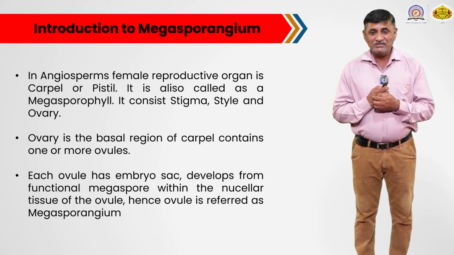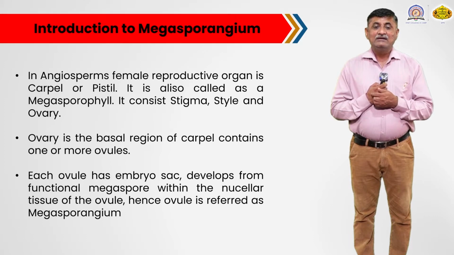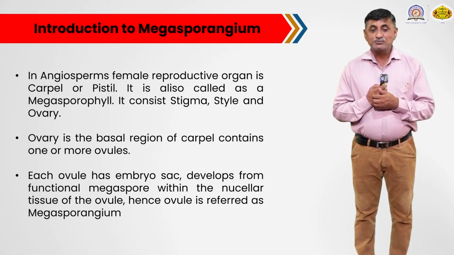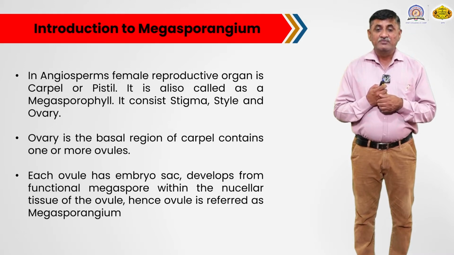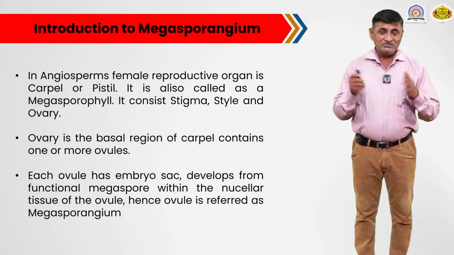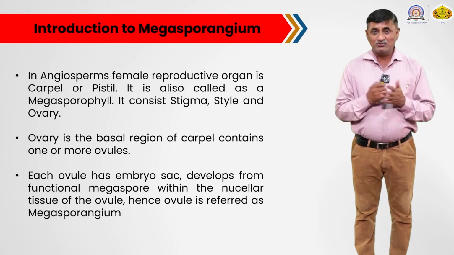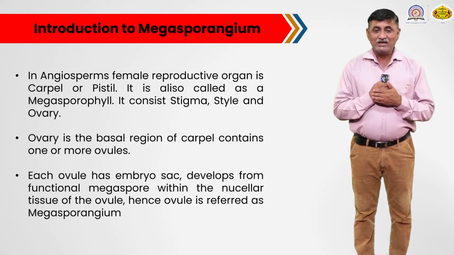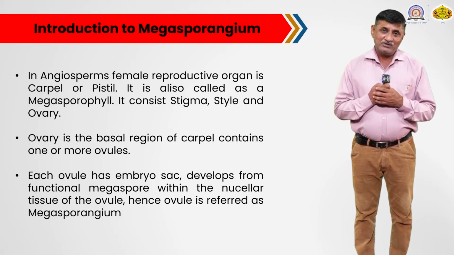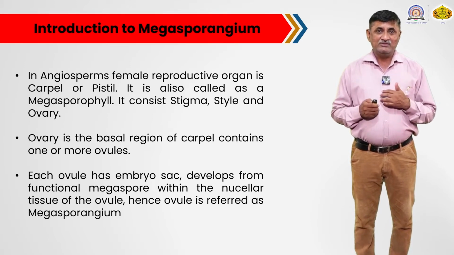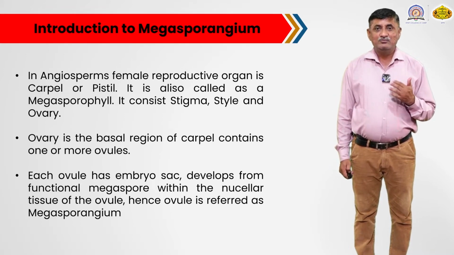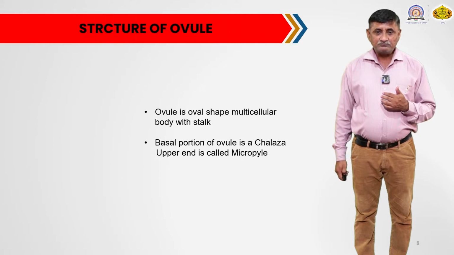Inside each ovule there is an embryo sac, and that embryo sac develops from the functional megaspore within the nucellar tissue of the ovule. Hence the ovule is referred to as a megasporangium. That is the female reproductive structure.